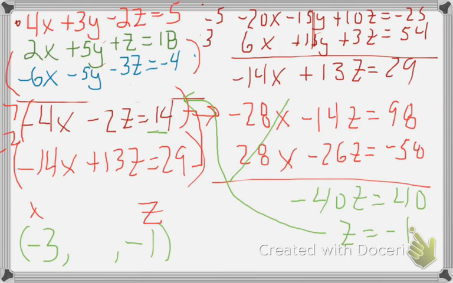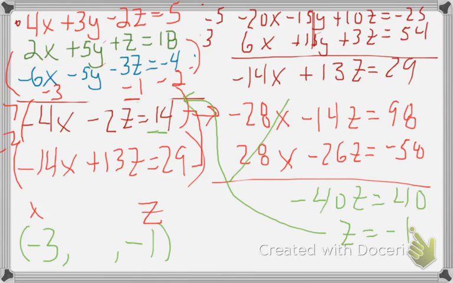So this becomes negative 3 in here, and then negative 1 in here. If I do this real quick, this becomes 18, and this becomes 3. So 18 and 3 becomes 21. Bring it to the other side, it becomes negative 25.